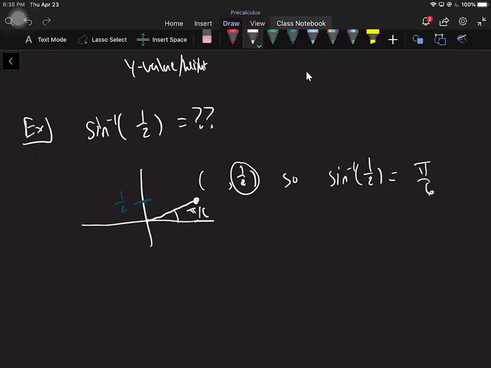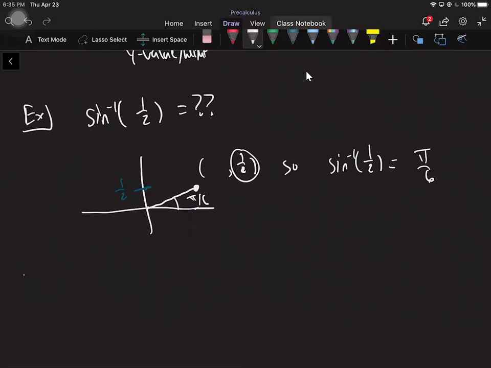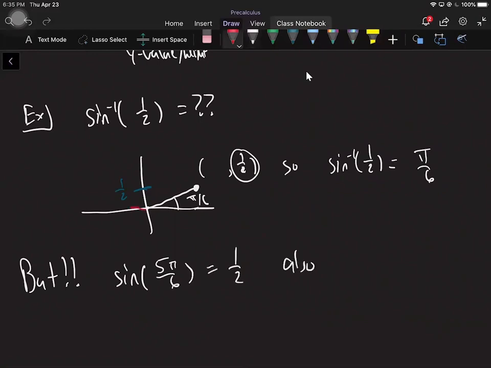But right here, at this point, you might have noticed an issue, which is there's actually another angle. There's a whole other angle that when I plug it in, I also get a half. So this angle over here, the corresponding one, also gets me 1/2 for the y value.